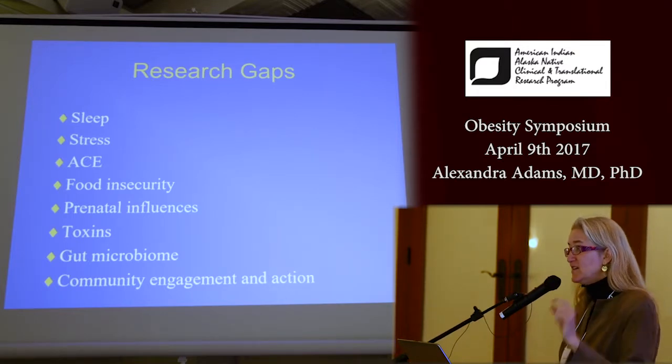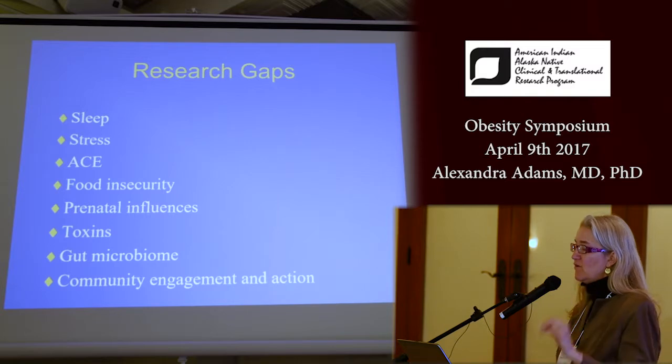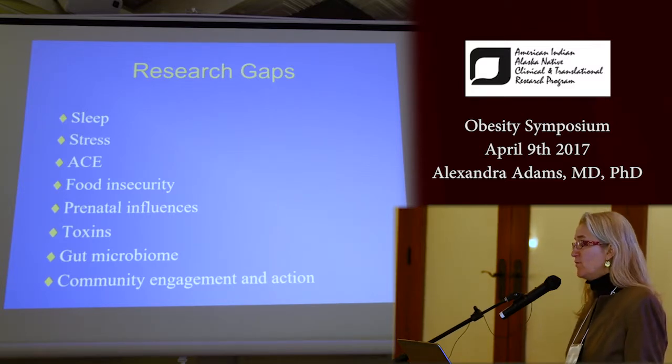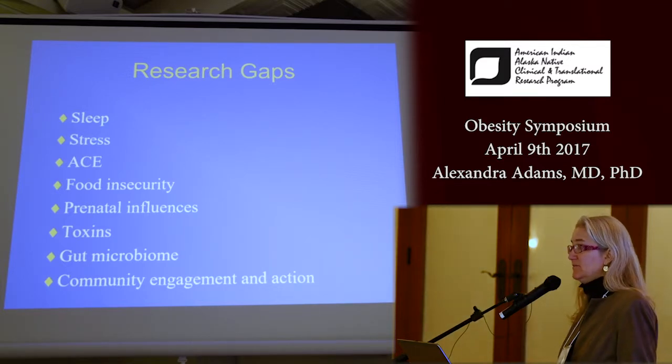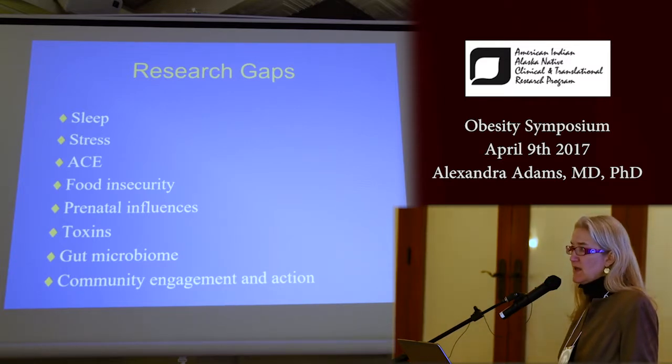And stress. I think we've just begun to understand the huge role of stress and adverse childhood experiences in obesity, driving hormonally induced changes, brain changes, as well as comfort eating. Food insecurity, I've touched on that today. I think that's a huge area to be looking at, as well as food deserts and how communities really mobilize around creating their own food systems.